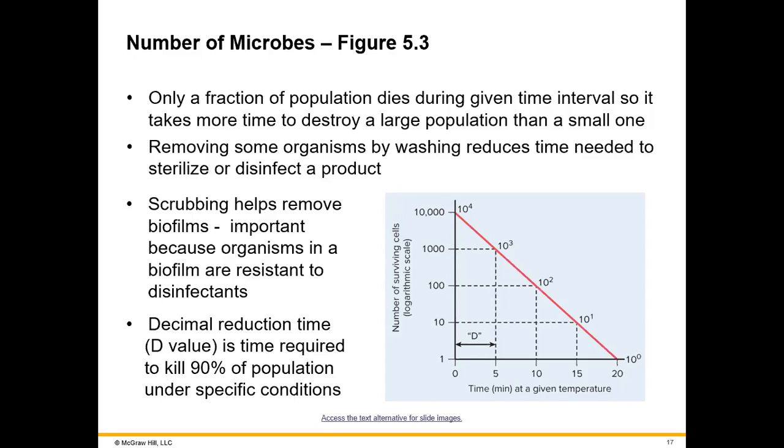And if you plot the temperatures that you will use for 10 minutes each, you will obtain a similar curve. And that will give you the decimal reduction temperature rather than the decimal reduction time. Okay, pretty straightforward.